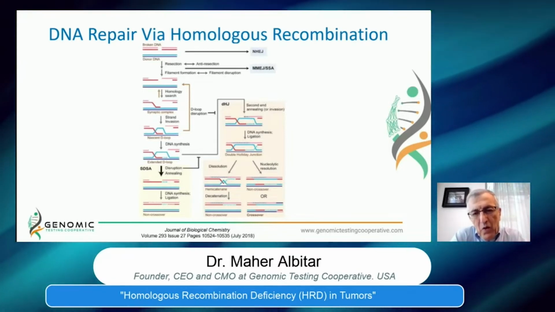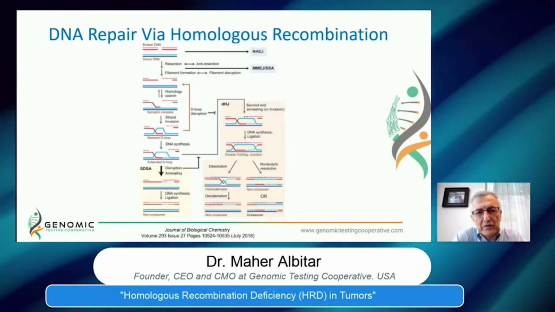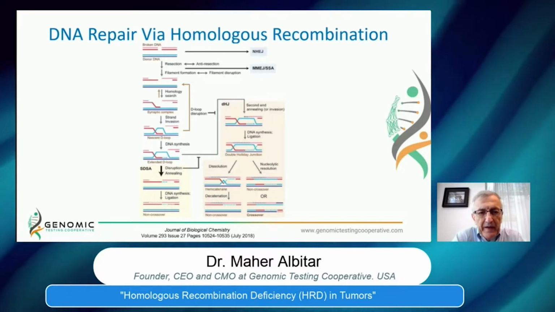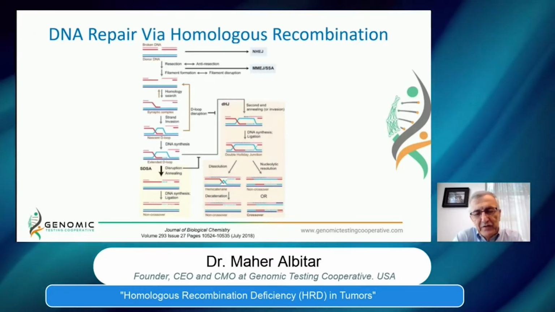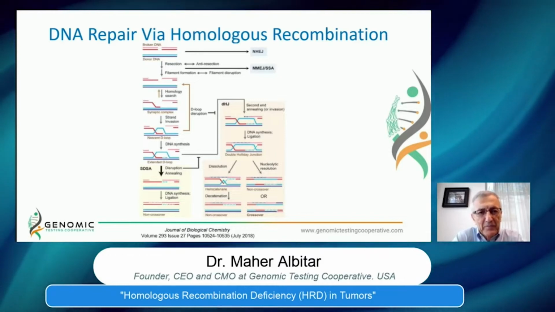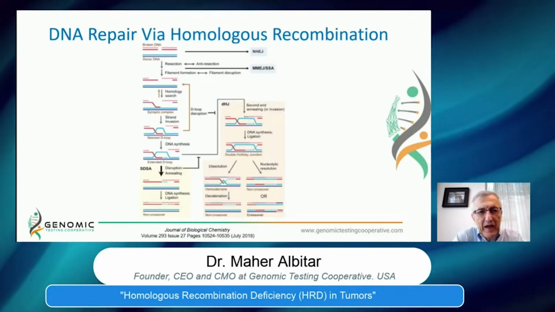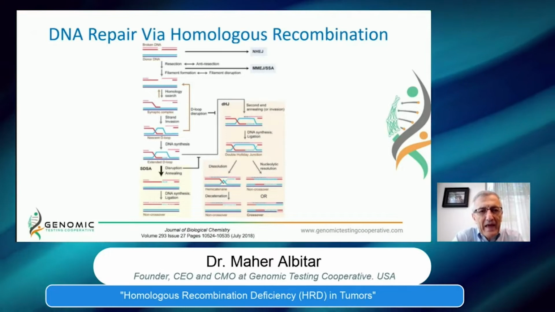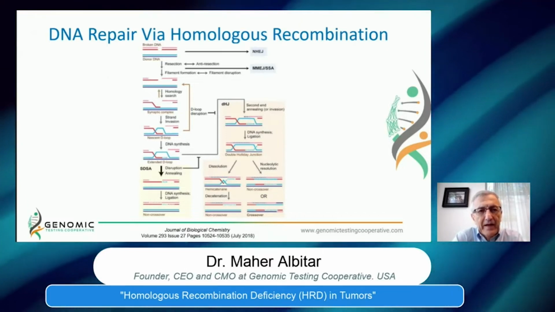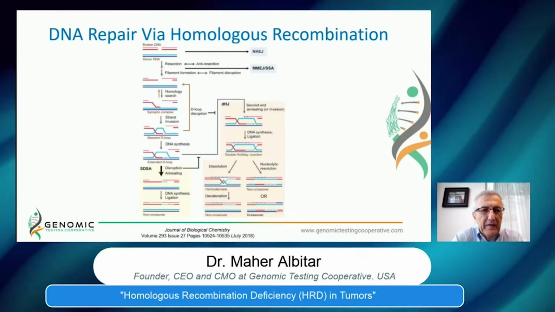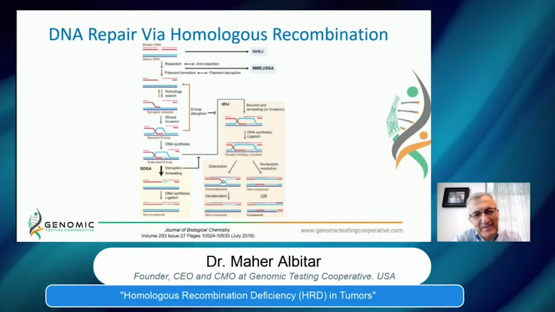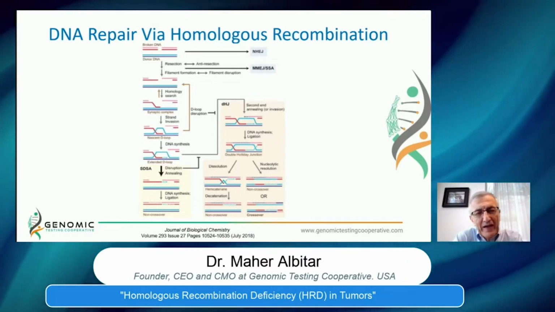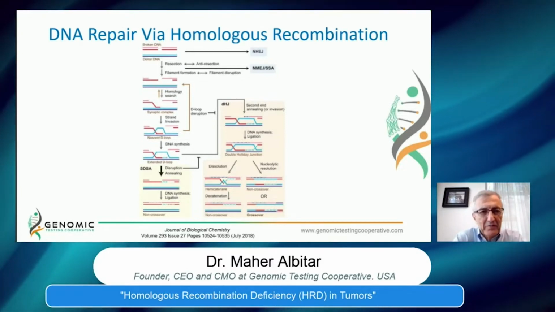First, to define homologous recombination, I'm going to explain what happens in this process. So we all know that with our exposure to various toxic materials, with cells dividing, sometimes mistakes happen, and DNA can be broken, and we see single strand breaks as well as double strand breaks.